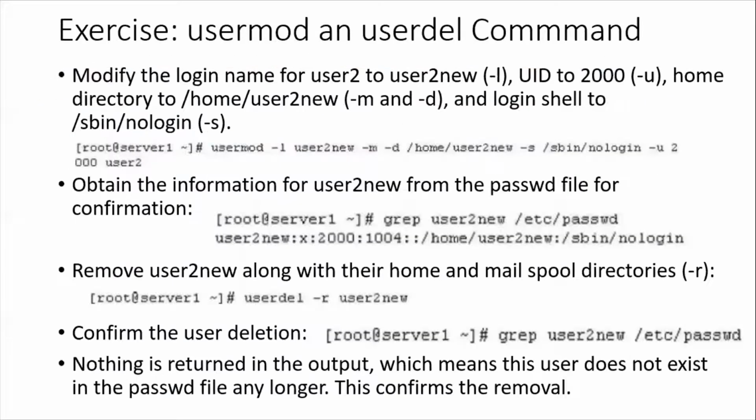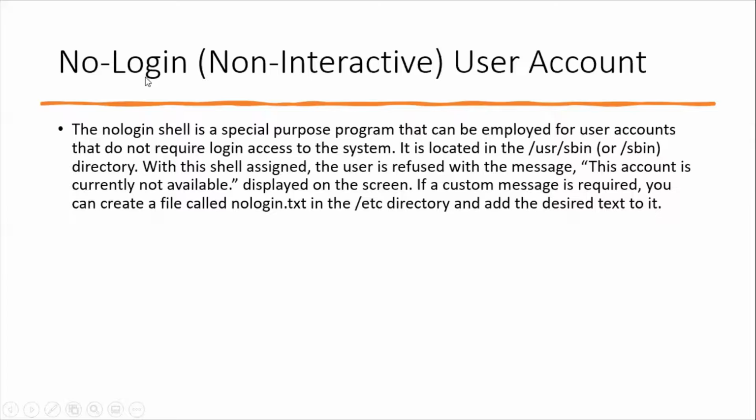Now, as I mentioned the nologin shell in my previous examples in slides. So nologin is for a non-interactive user account. Okay. A nologin shell is a special purpose program that can be employed for user accounts that do not require login access to the system.